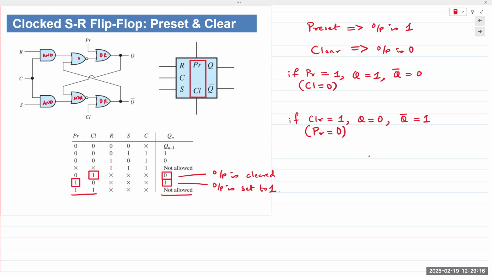So the point of these circuits was to introduce students to the three different signals or three different terminals, which are the clock, the set or the preset, and then clear.